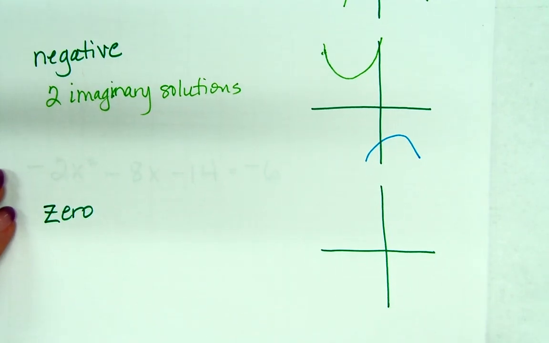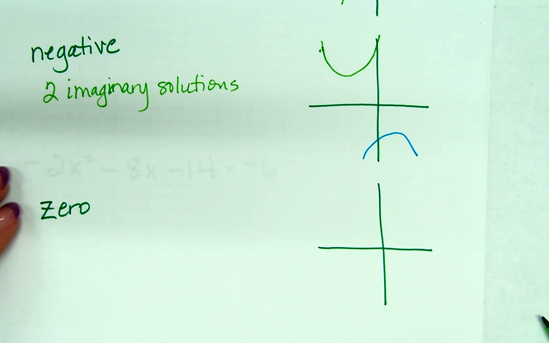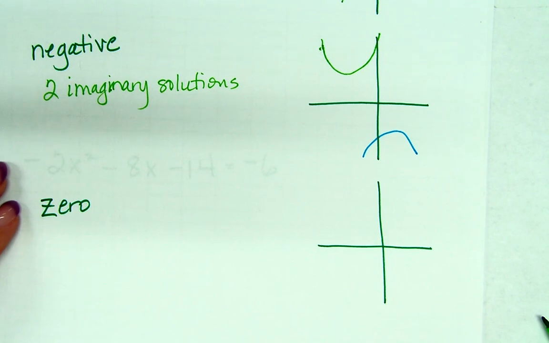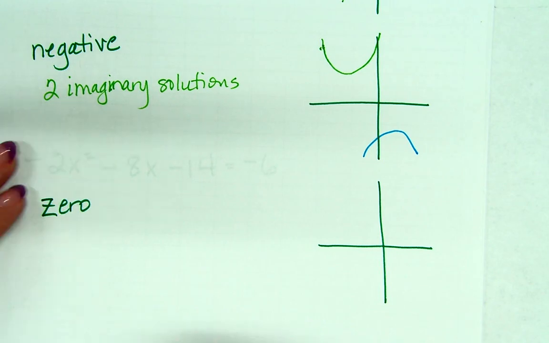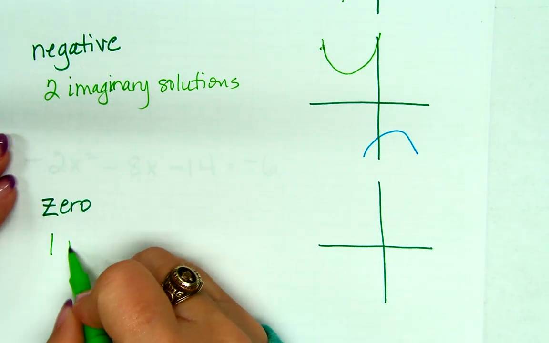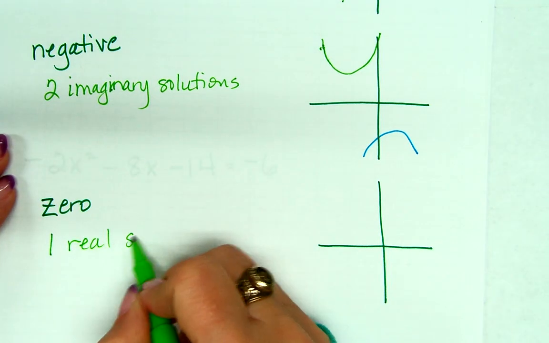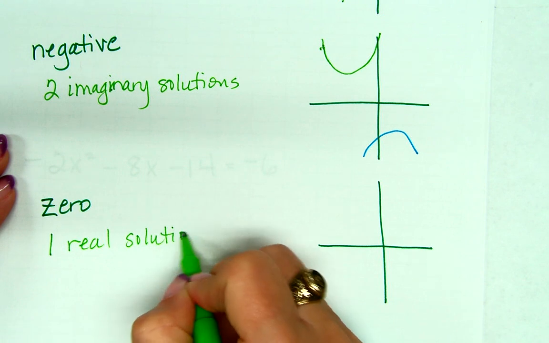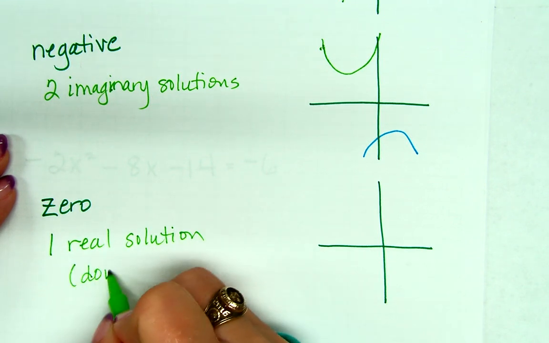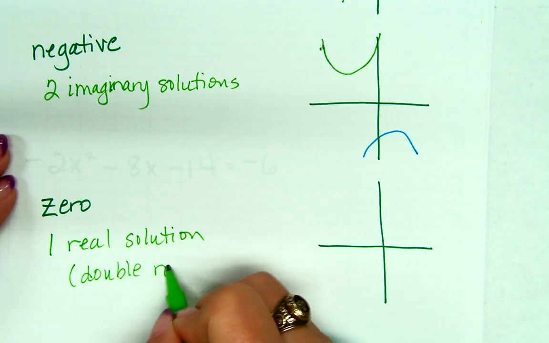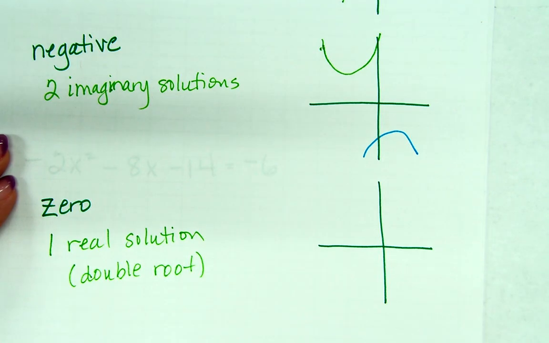So how many solutions do we have if our discriminant is 0? 1. We have to have 2, right? It's a quadratic. We know we have to have 2, but we have 1 real solution that is called a double root. And why is it called a double root?